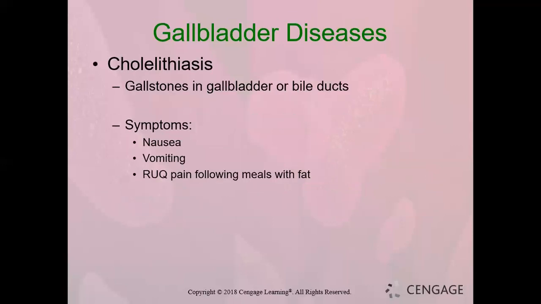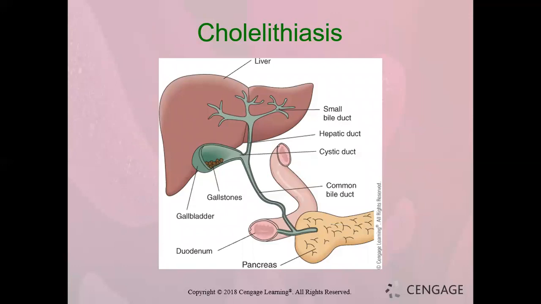You can get gallstones in your gallbladder or your bile ducts, and the main symptom of this is going to be right upper quadrant. So it's going to be on your right side in the upper part of your abdomen. You're going to get pain there following meals that are high in fat. And this is just another one here that shows kind of where you can get those gallstones in your gallbladder and where it's all connected.